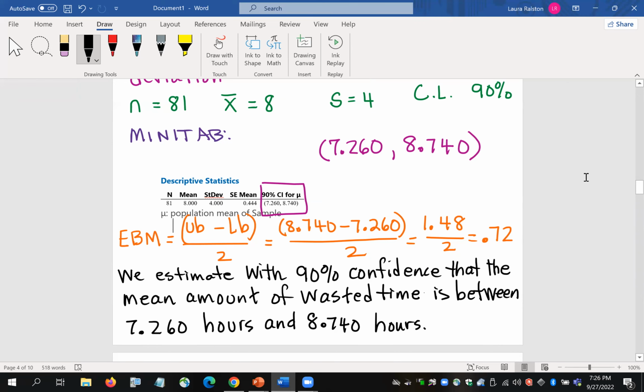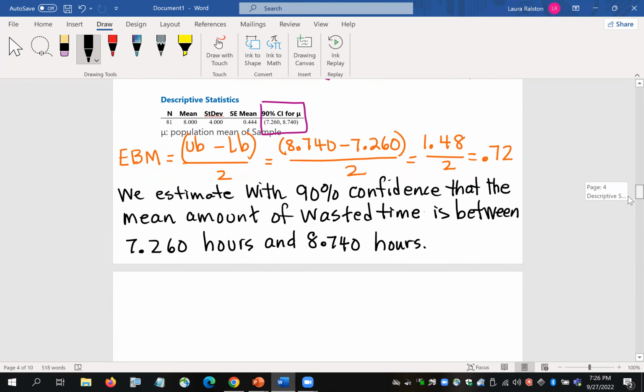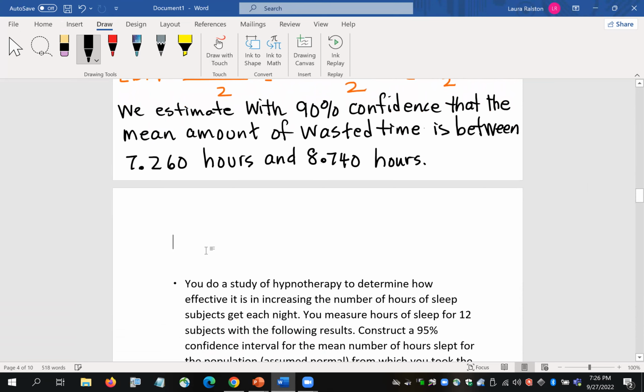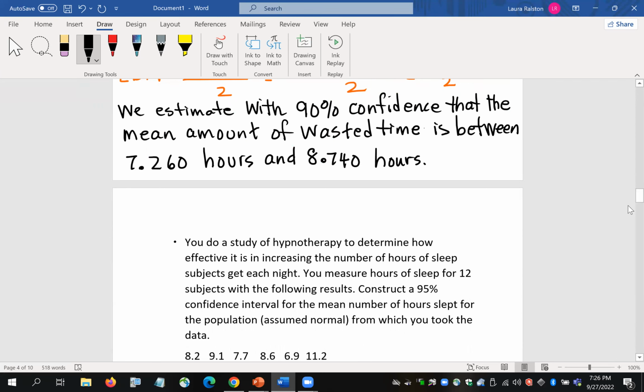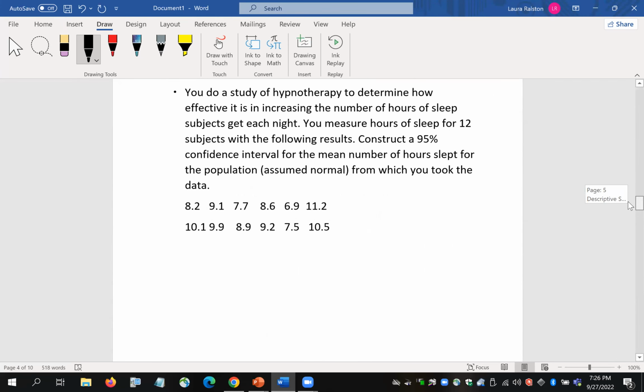I'm concerned that I'm going to run out of time, so I'm going to skip the next one, but you can also, with the t-interval, be given the raw data.